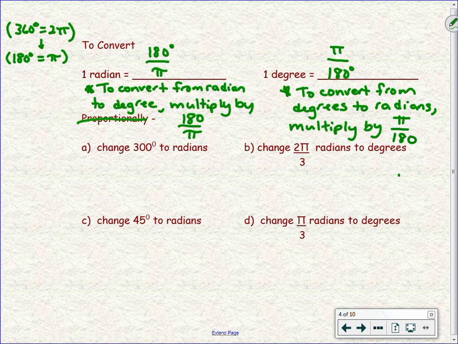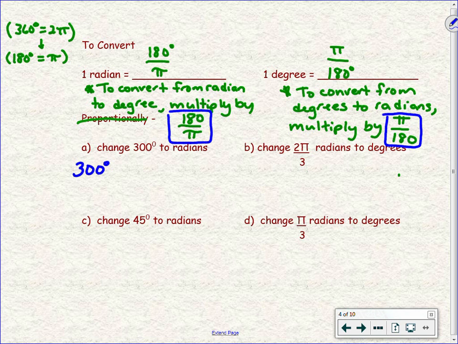Okay, real quickly, we'll go through a couple examples here. So example A, change 300 degrees to a radian measure. So 300 degrees. Now what I want you to do for now is look up above and try to decide, should I be using the 180 over pi or the pi over 180?